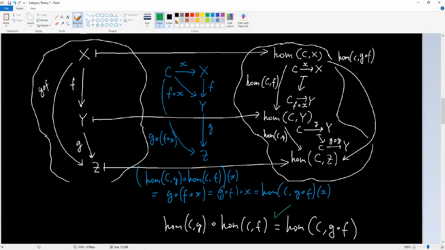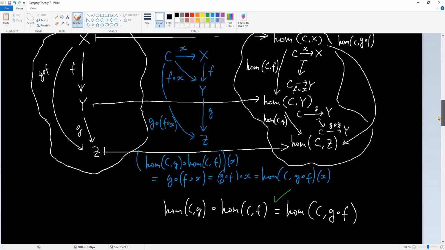Not just composition. I mean, the definition of a category has also another ingredient, right? This other ingredient is presence of identity morphisms. And let's see if identity morphisms of the category are now compatible with identity functions. What does that mean?